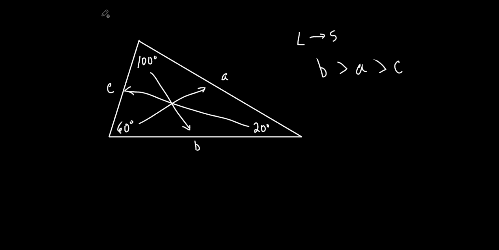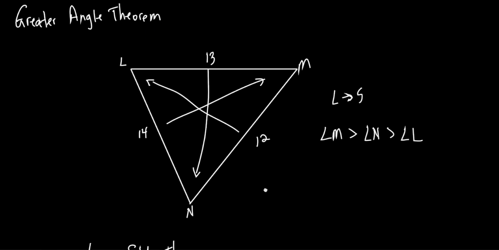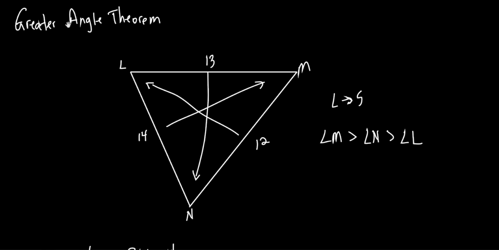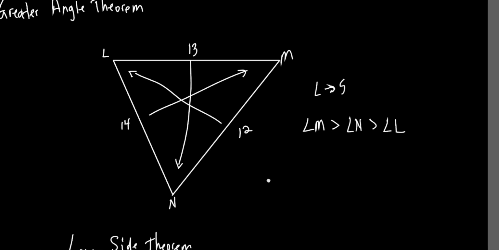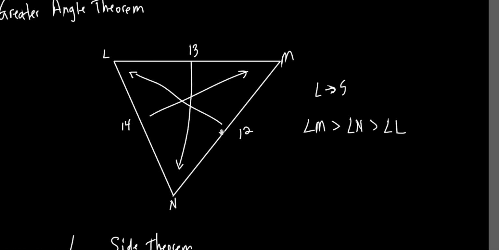This one is actually called the longer side theorem. But you don't really have to remember the names of these theorems. Just know what they do. They kind of go together, don't they? Even though they got two different names. The greater angle theorem. You could say the greater side theorem if you wanted to. Yeah, they kind of do the same thing. It just goes reverse, right?